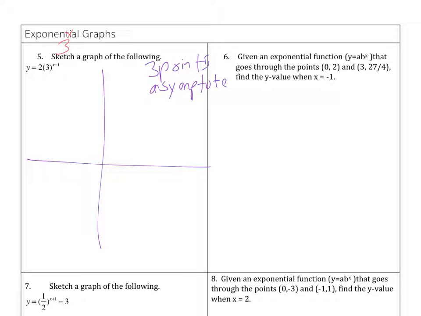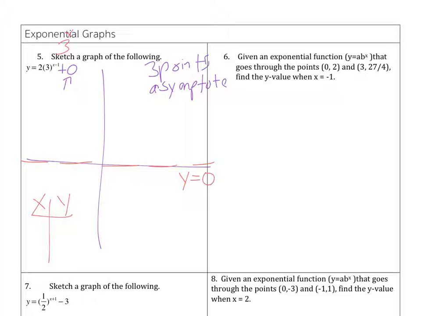That's a more mathematical way to think about this. But as far as what you're being asked to do here, a table is probably your best approach. The one thing I will get out of this initially is realizing that my asymptote's at 0. So I'm going to draw my asymptote in first, label that y equals 0, and then I'm going to put some points in.